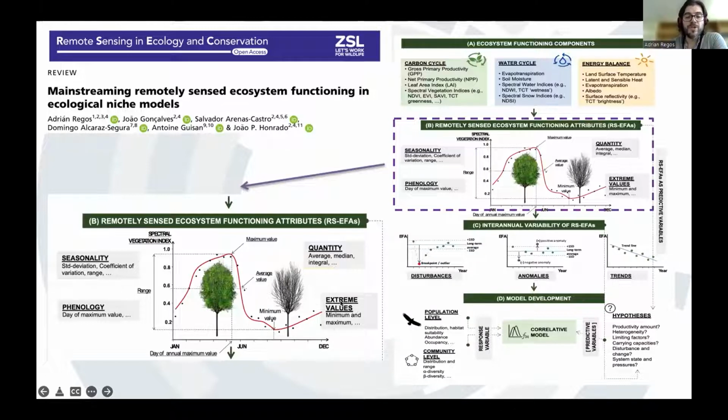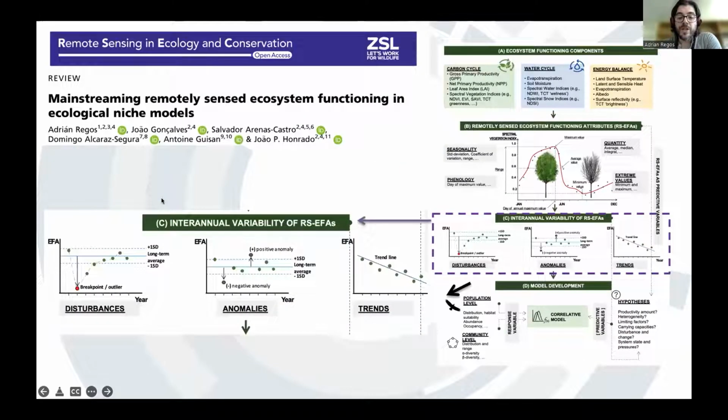So we can measure summary values, the quantity, seasonality, and phenology for different ecosystem functioning attributes, for instance, primary productivity or evapotranspiration. We can also measure the changes in time.